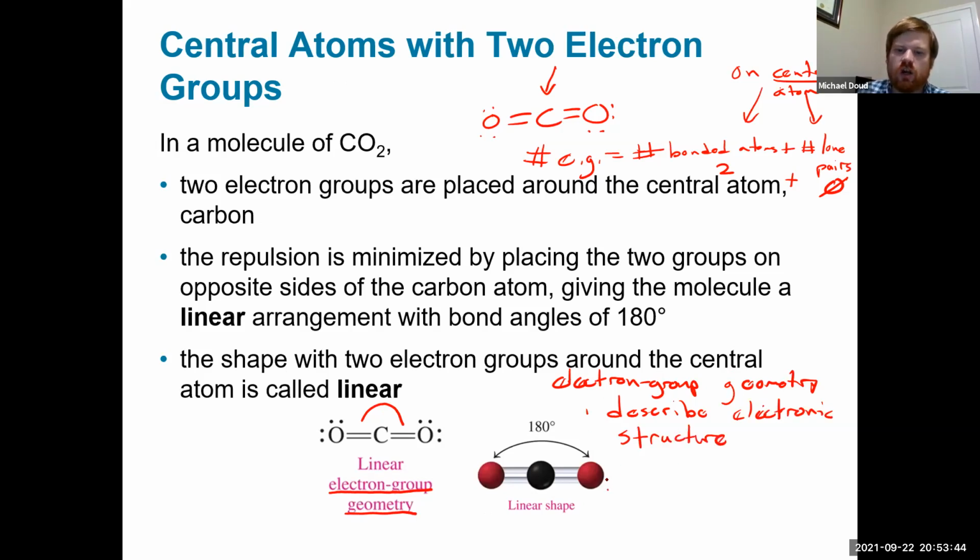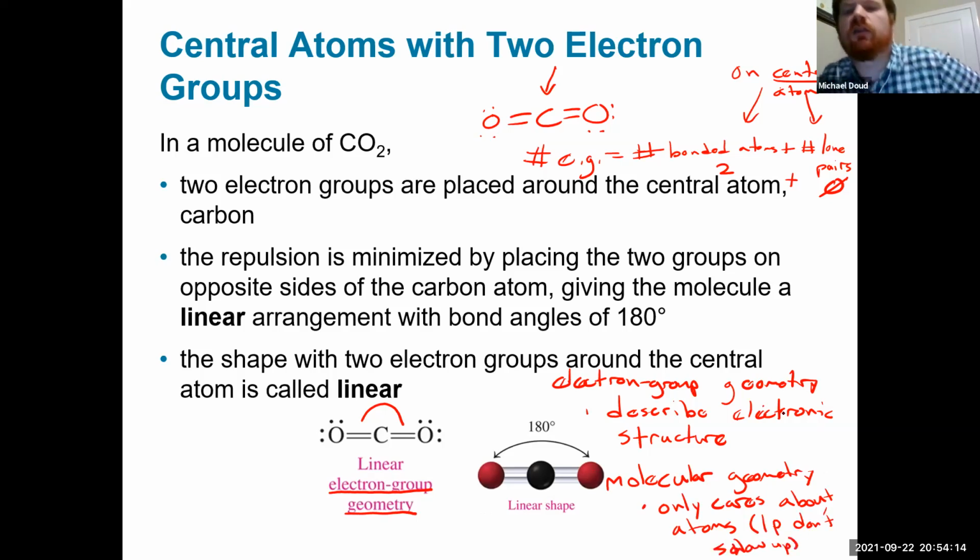In the future, we're going to talk about molecular geometry. So I want to have this as a distinction here for us before we get too deep in. And the molecular geometry only cares about the atoms. In other words, the lone pairs don't show up.